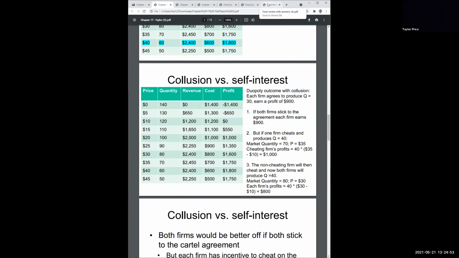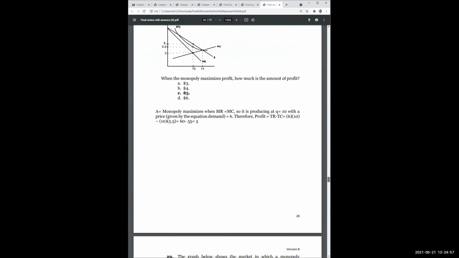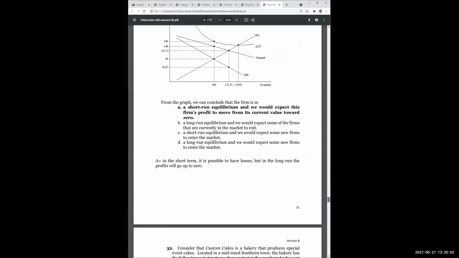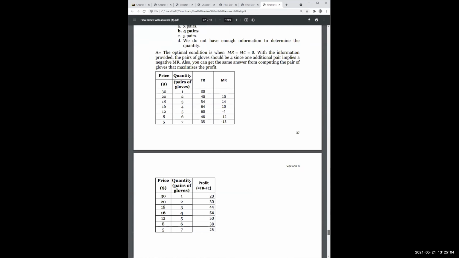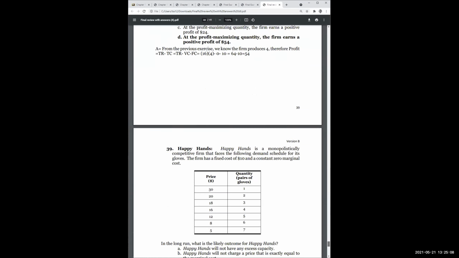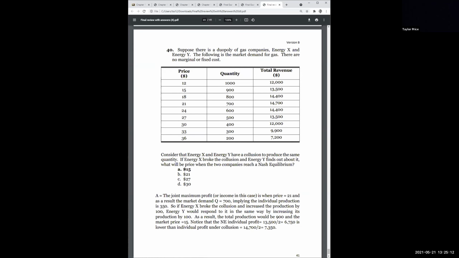Yeah, so let me see. I think there was a question on the final review. On the final review, that one is basically what will happen if one firm cheated, so you just go up to two quantities on that one. Oh, okay. Let's see. Yeah, it wasn't this one.